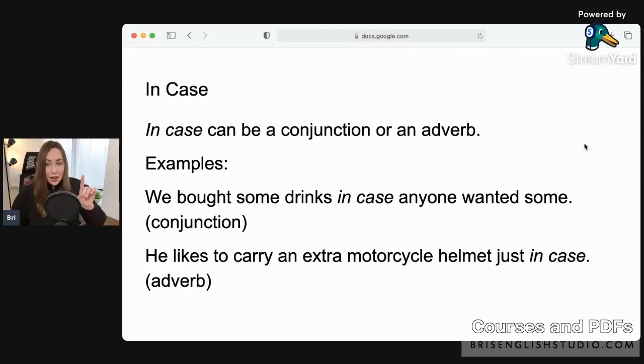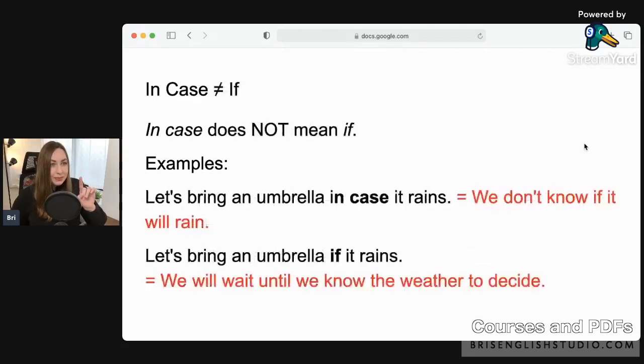Okay, so the next part. This is very important: in case does not equal if. They are not the same. Let's bring an umbrella in case it rains.